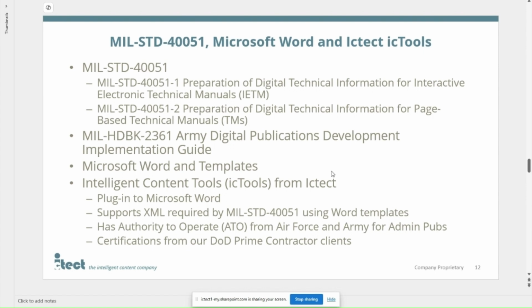There are two components to it. One is the interactive electronic, the item version, and then the second one is for the page-based manuals. And then the handbook that actually specifies the XML is 2361.